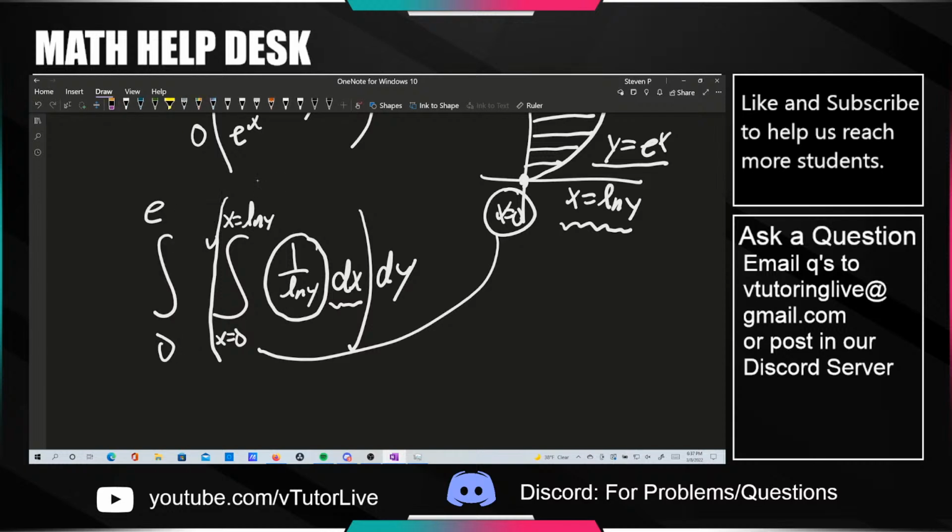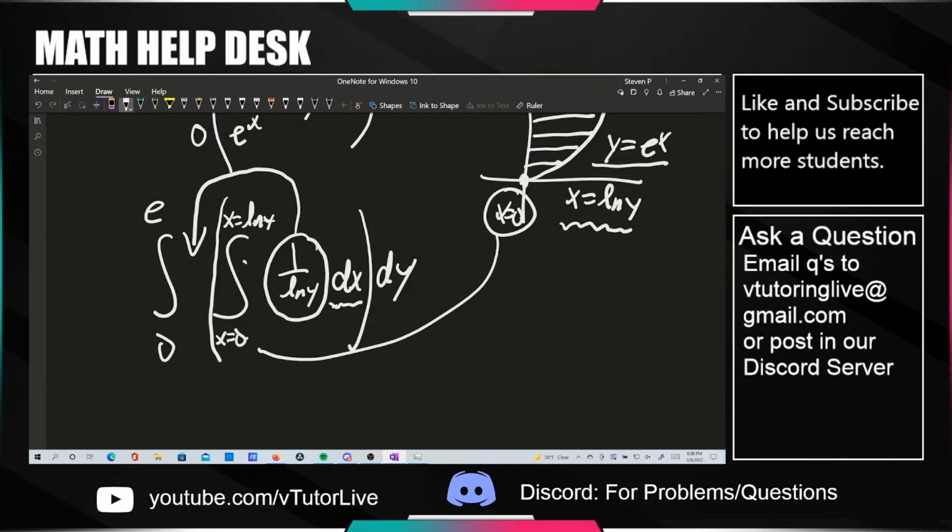It's like a constant. This may as well be a constant factor of like 2 or pi or something. You could just lift it right out. So all that you're left with is x from 0 to ln of y times dx.